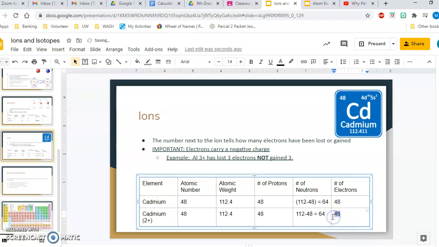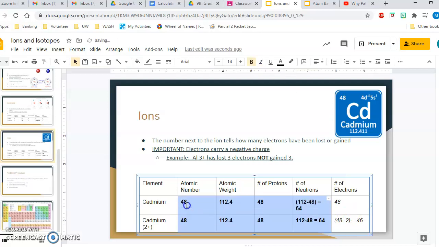Here, actually, let's do it this way. We have lost 2 electrons, so we subtract 2. Sometimes I even like to do it this way. If we would normally have 48, and we say we've lost 2, that means we would have 46 now. So the rest of this stays exactly the same.